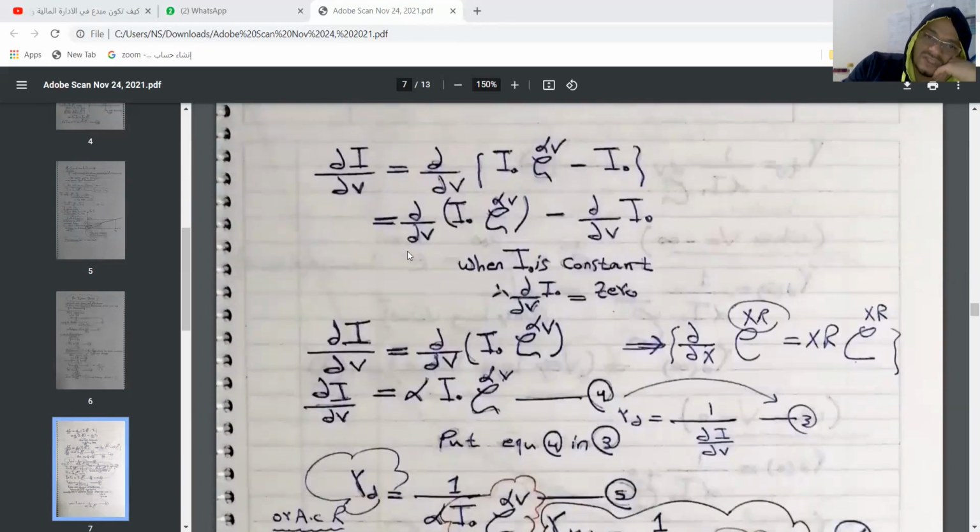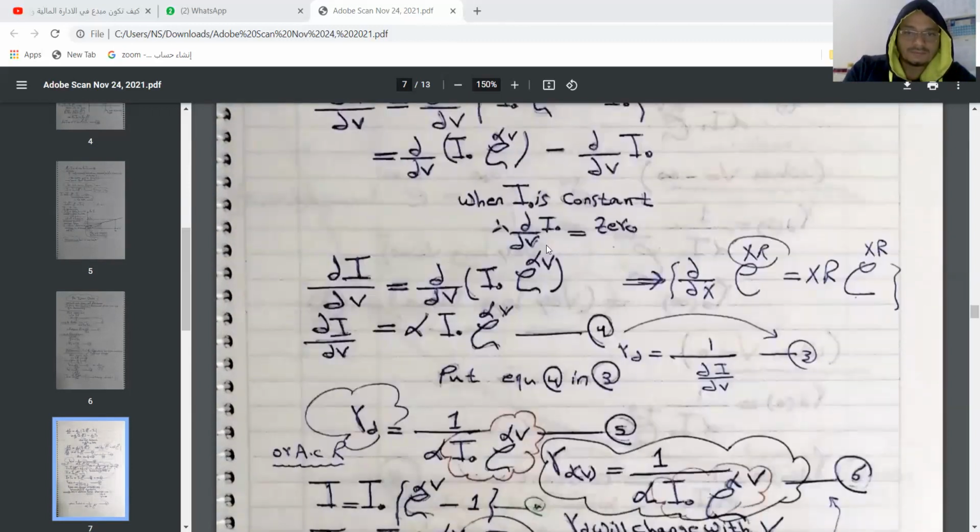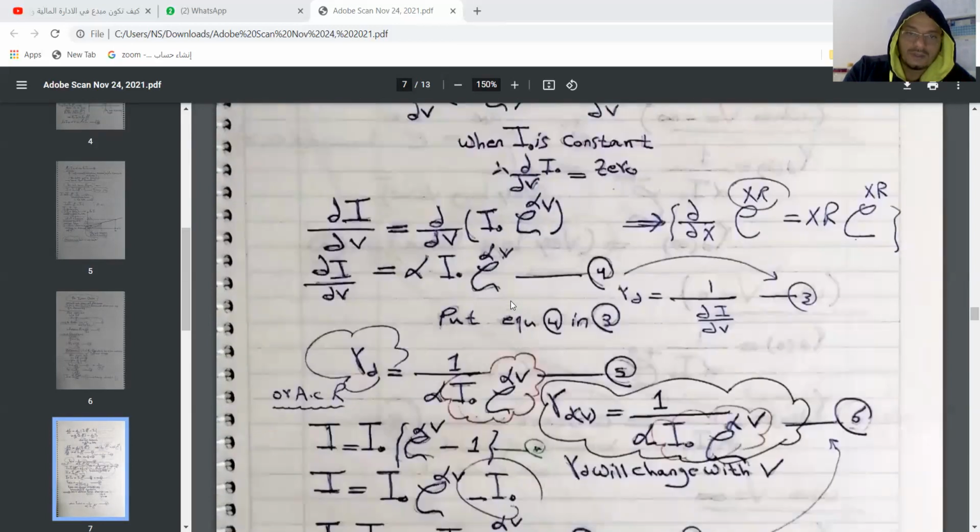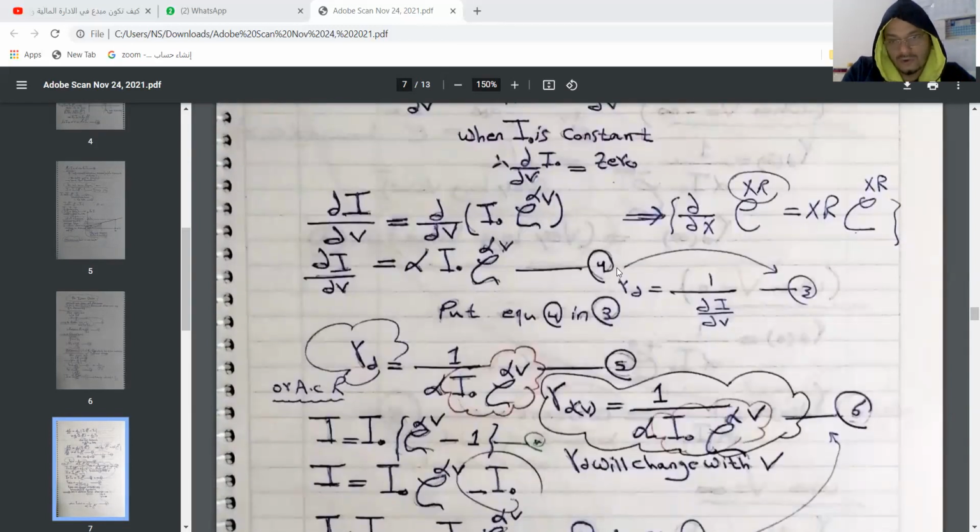Taking the derivative of the exponential side gives alpha times I naught exponential alpha V. This will be equation number 4.